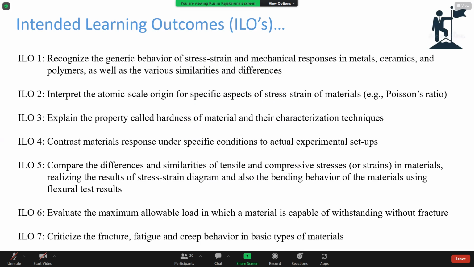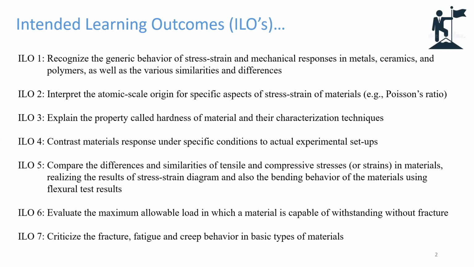First one is recognize the generic behavior of stress and strain and mechanical response in metals, ceramics and polymers, as well as the various similarities and differences. The second one, interpret the atomic scale origin for specific aspects of stress strain in materials, for example, Poisson ratio.